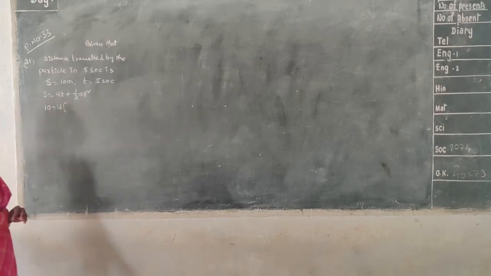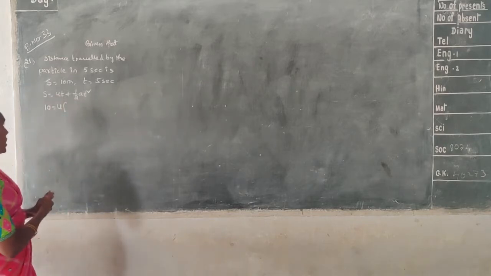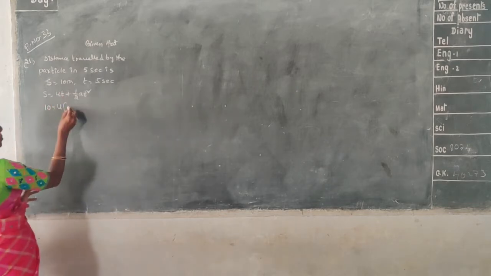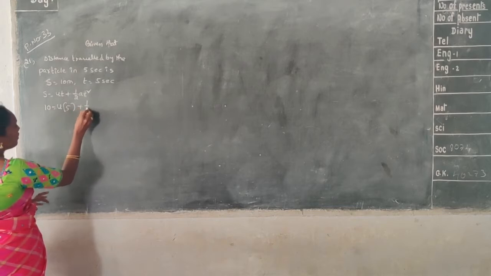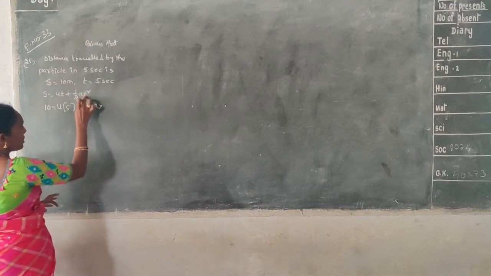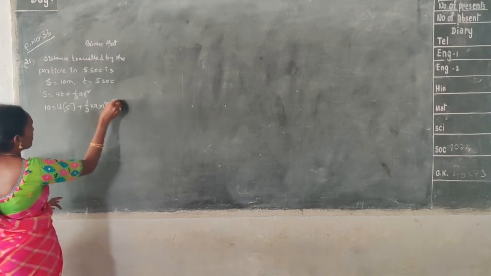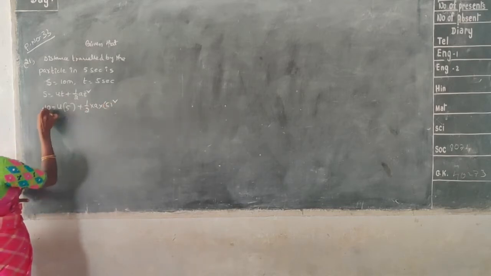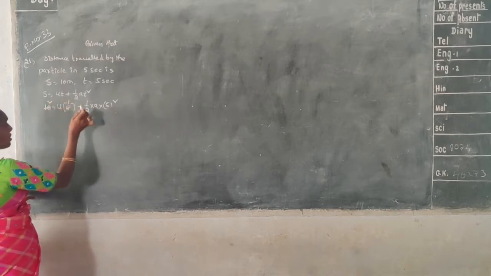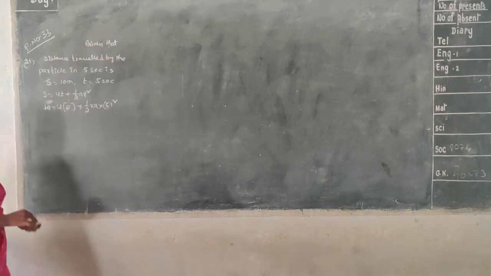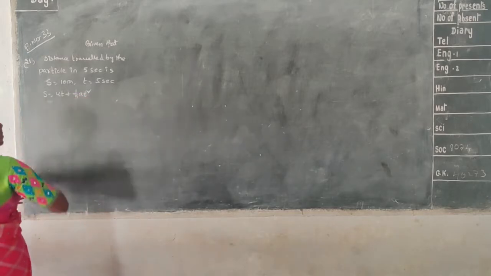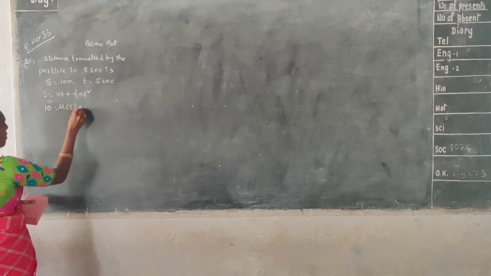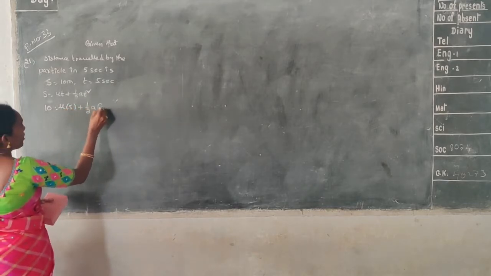Our required values are the initial speed, acceleration and distance travelled. Here time is 5 seconds, and t square means 5 squared. So 10 is equal to u into 5 plus half into a into 5 square.